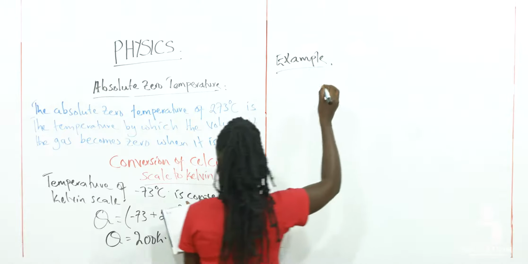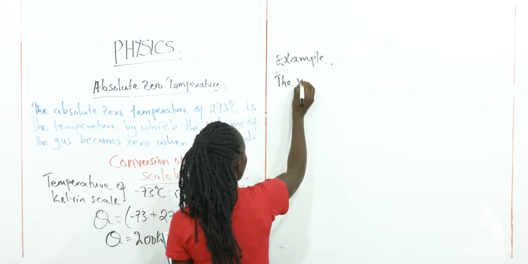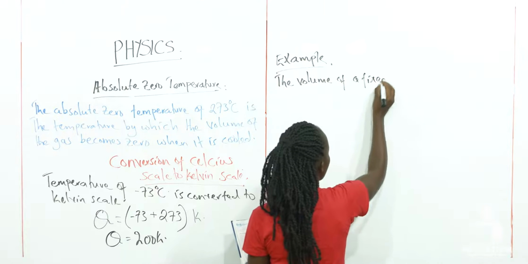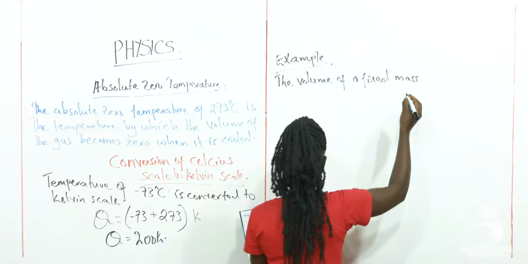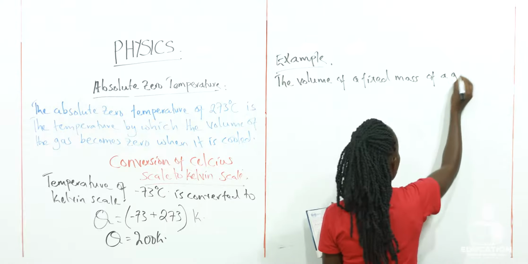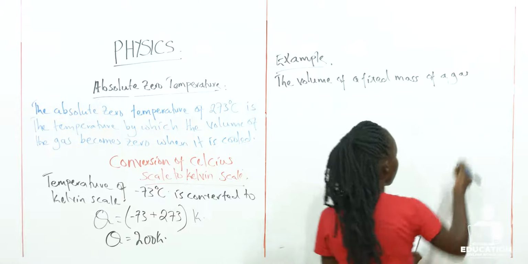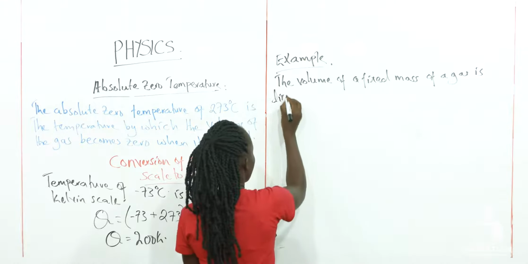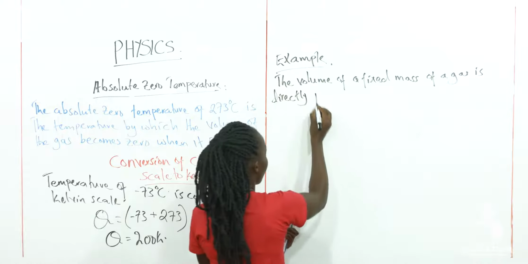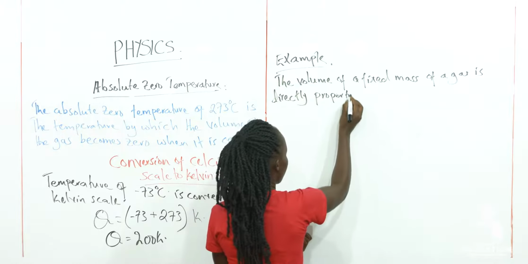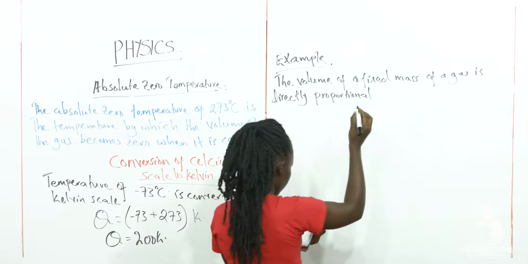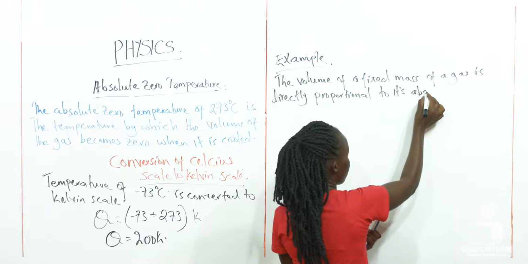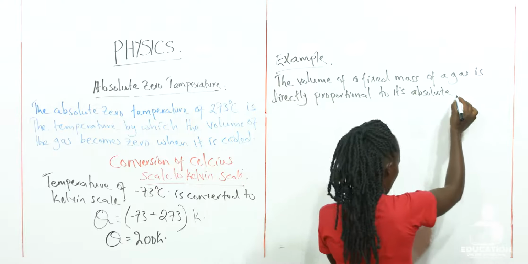The volume of a fixed mass of a gas is directly proportional to its absolute temperature.